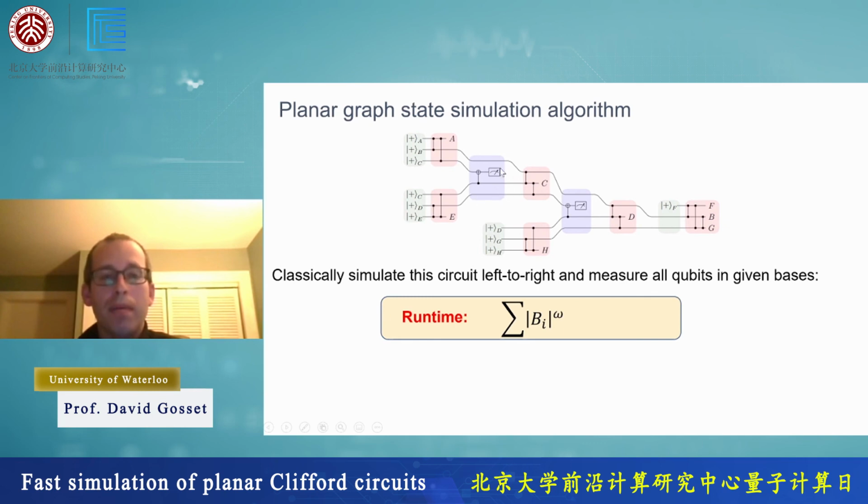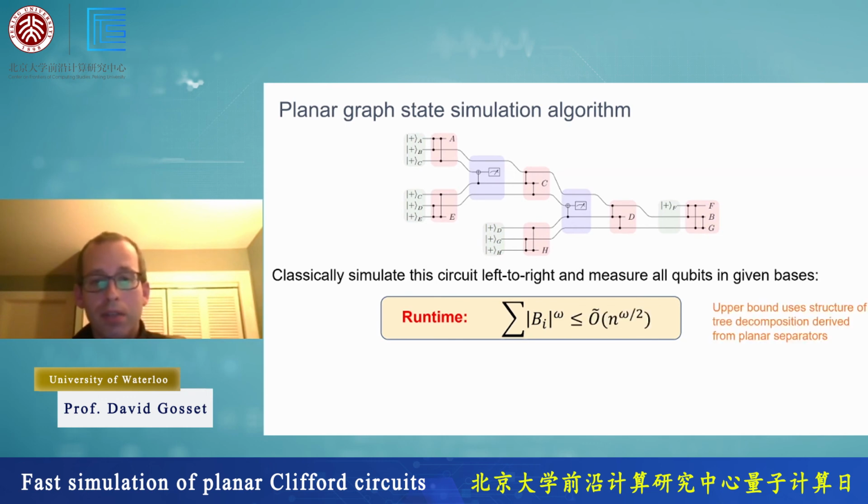When I merge them, I have to consider the full system consisting of the two children. So the largest system I ever have to consider at any given time consists of a bag and its children. And I can upper bound the cost of classically simulating the circuit from left to right as the sum of the bag sizes to the omega.